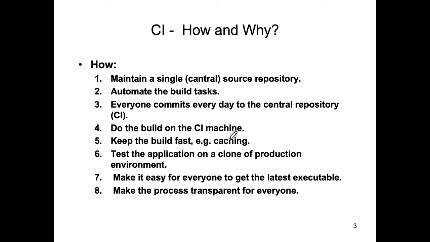Caching would mean storing the node modules somewhere and caching them there, rather than downloading the node modules folders every time you need to do a build. Just download them once, put them in a cache, and then they're easily accessed without having to download them repeatedly.